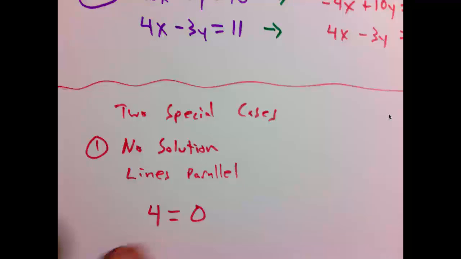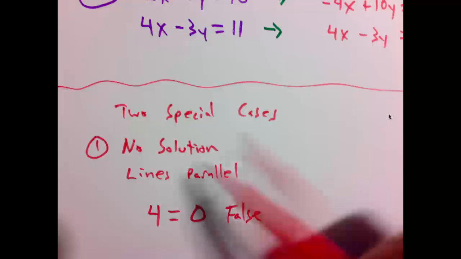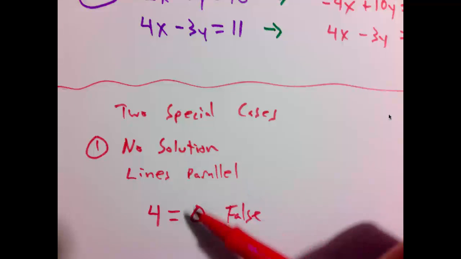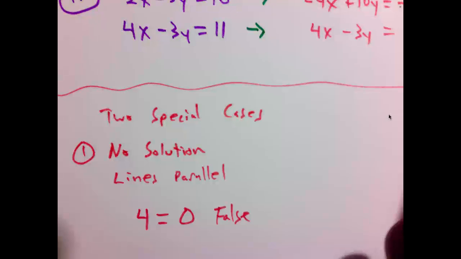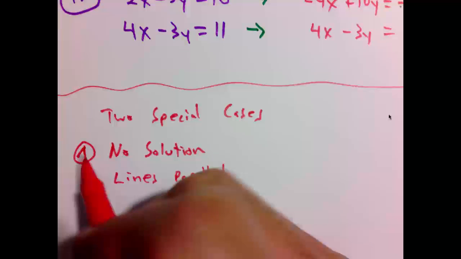That is, the variables will fall out entirely, and we will be left with a false statement. So if you get this kind of situation here, you will state there is no solution to the system.